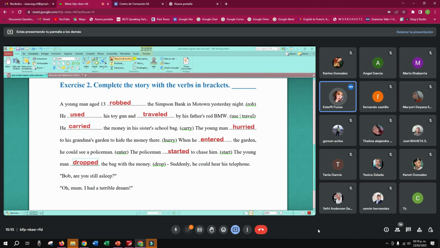The young man hurried to his grandma's garden to hide the money there, and when he entered the garden, he could see a policeman.